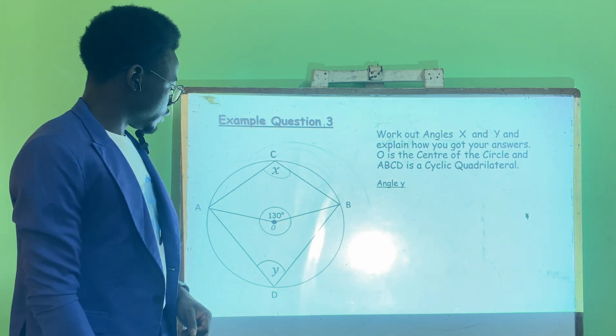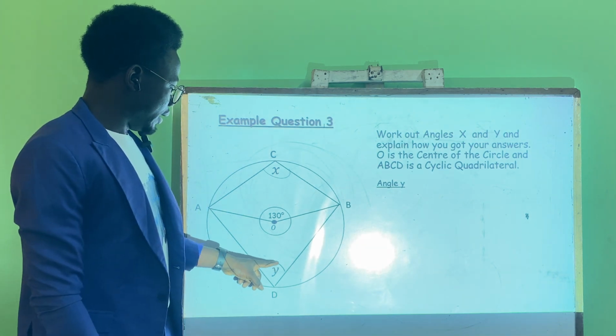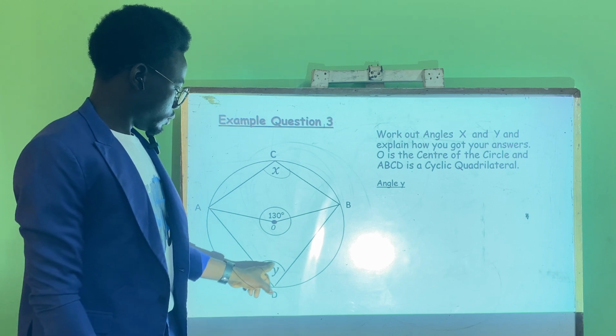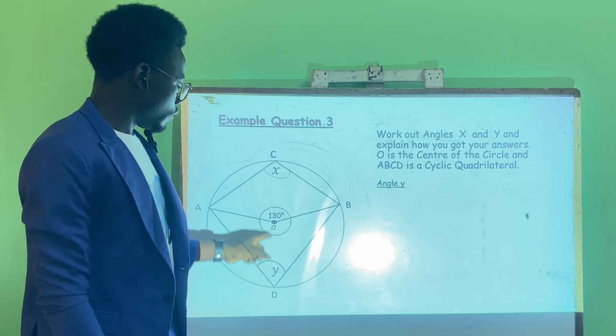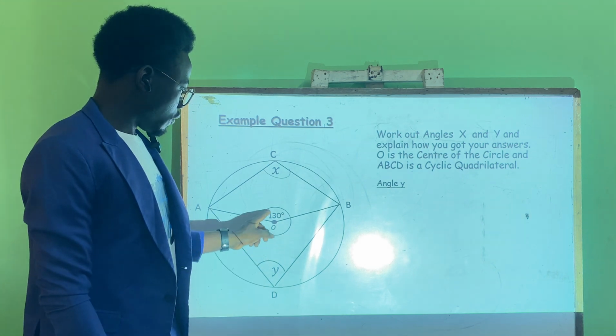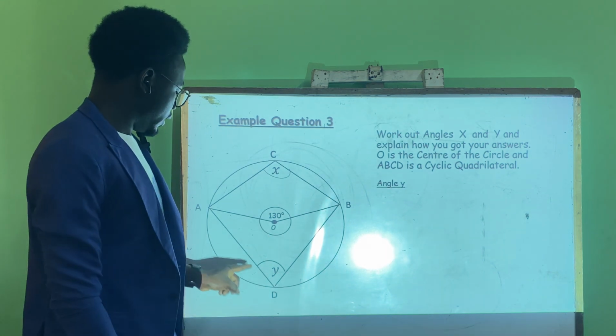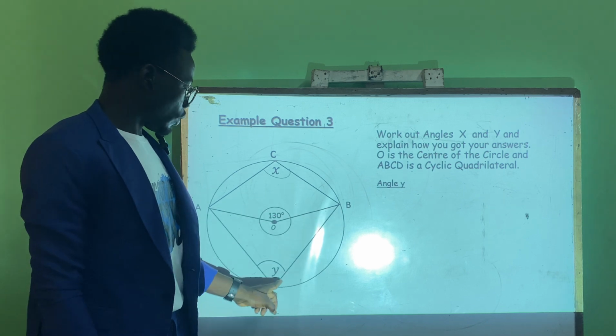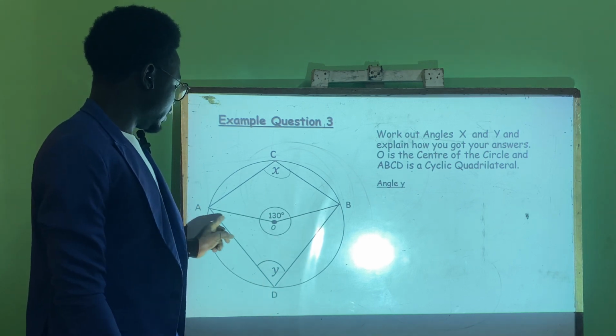The first one we are looking at is that the angle here is half of the angle here. So we can say that angle ADB, which is Y, is half of angle AOB.